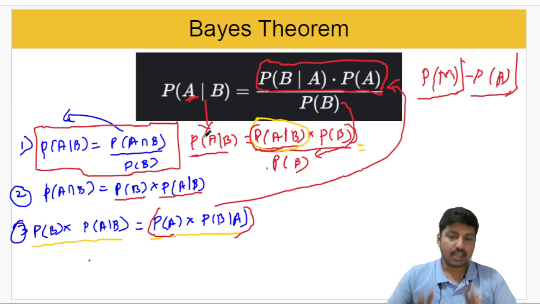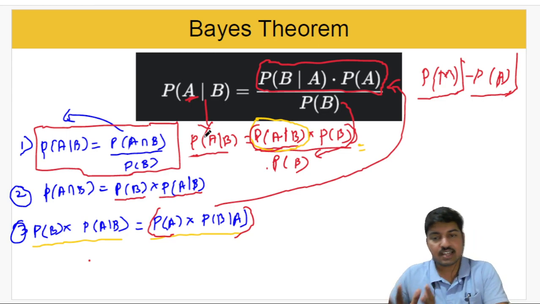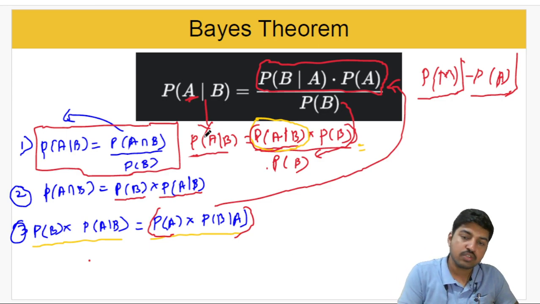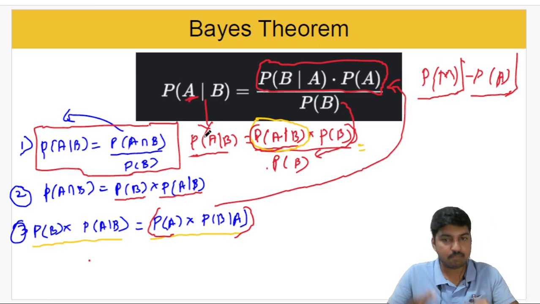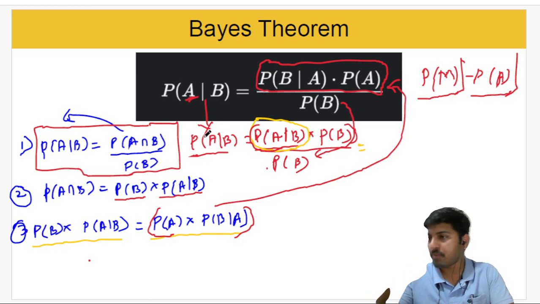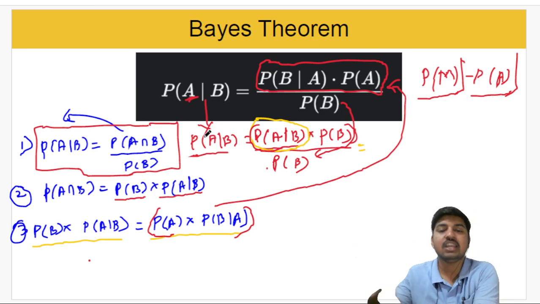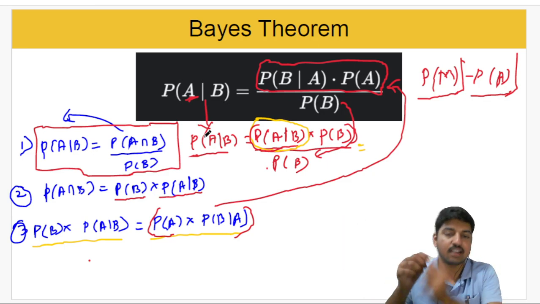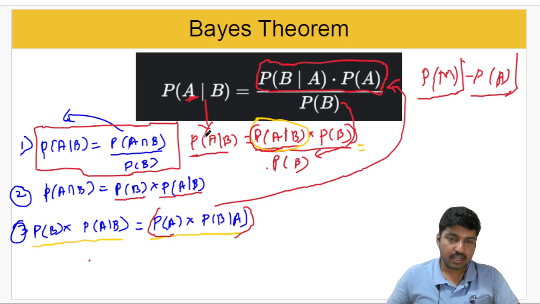Fertilizer shop 1 is selling the company X product, and fertilizer shop 2 is selling the company Y product, the same product like urea. For the company X product, because of market study, I know that 95% is okay. So if I purchase 100 gunny bags of urea, 95 are okay, 5 are problematic.